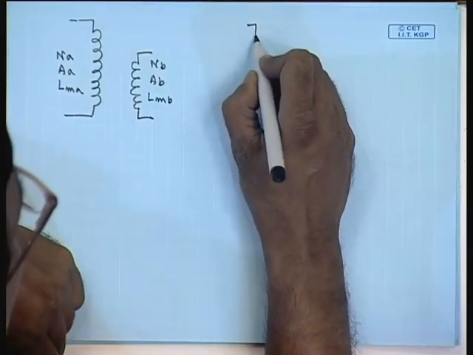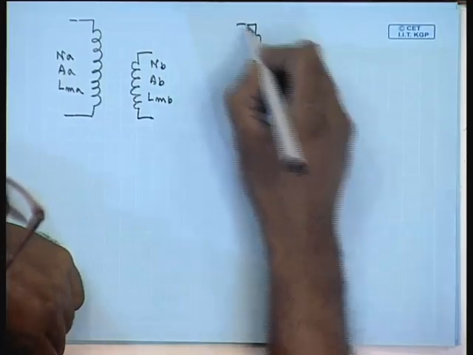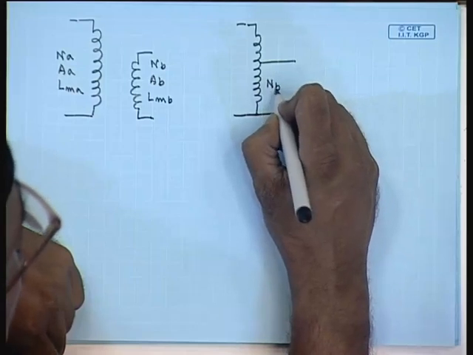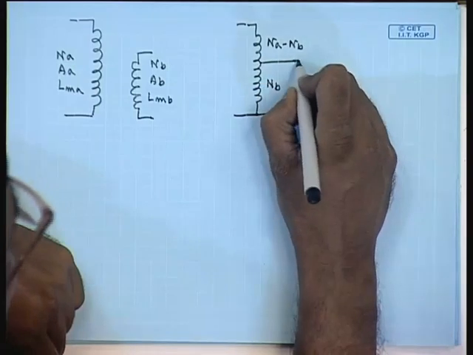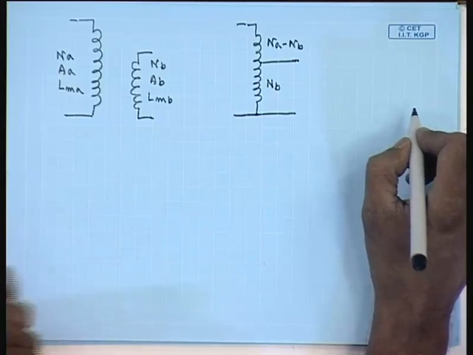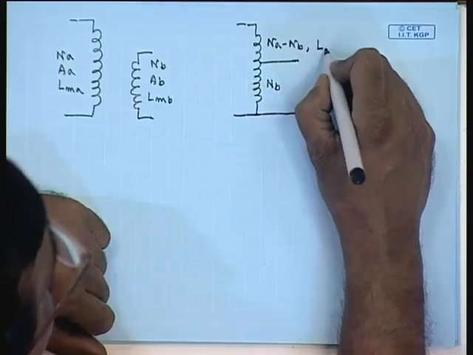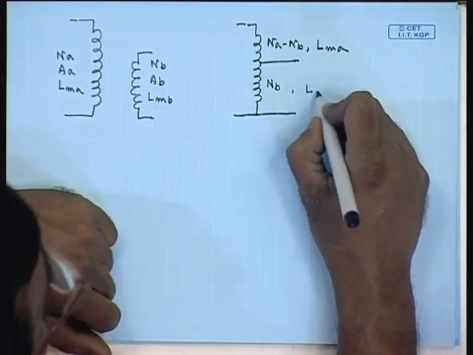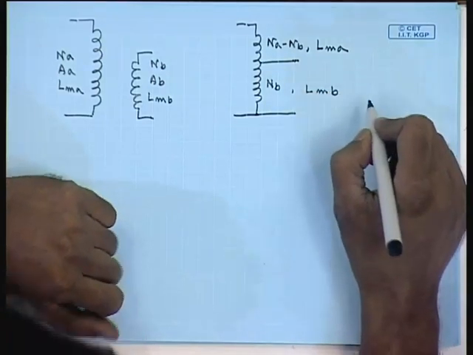For the auto transformer having the same kVA rating and the voltage rating, number of turns here is Nb, number of turns here is Na minus Nb, mean length of turn here let us say still LMA, and here it is LMB.